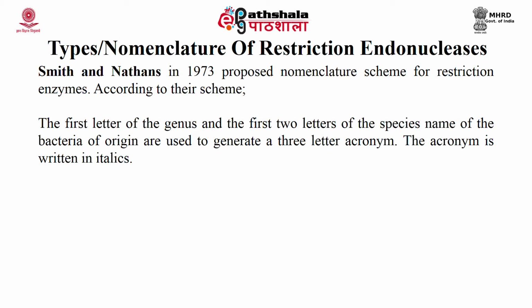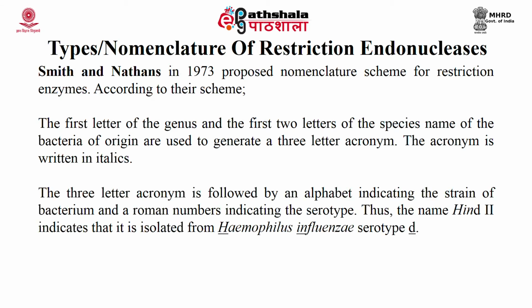The acronym is written in italics. The 3-letter acronym is followed by an alphabet indicating the strain of bacteria and a Roman number indicating the serotype. Thus, the name HindII indicates that it is isolated from Haemophilus influenzae serotype d.